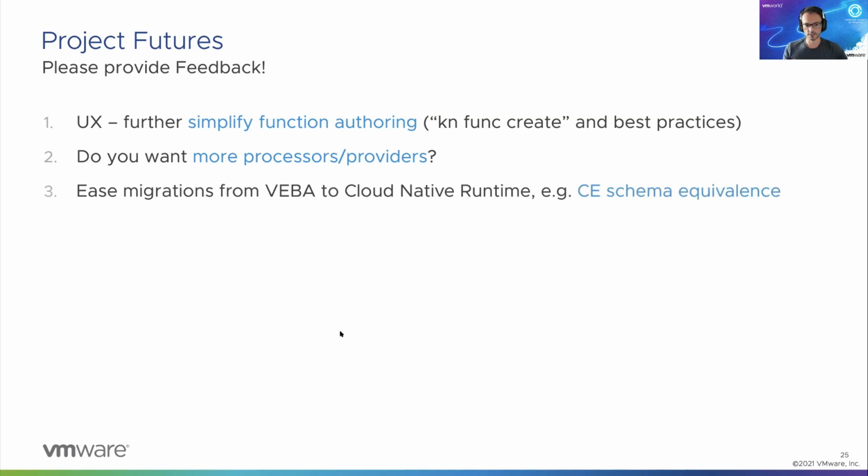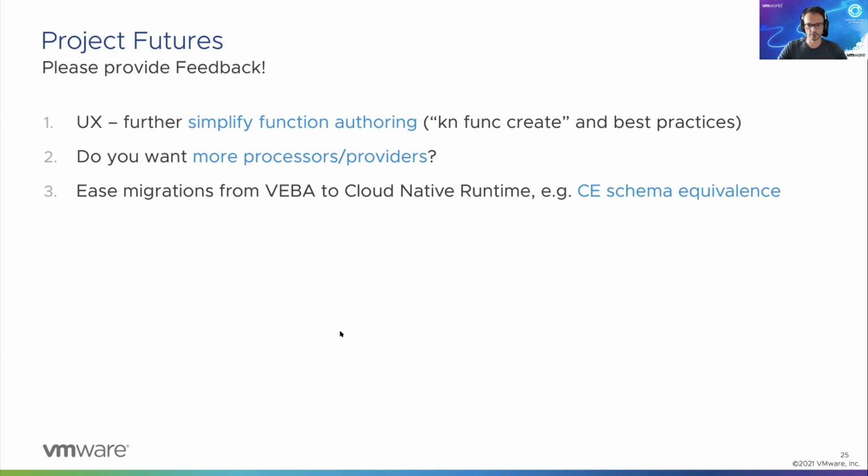William already touched on this, that VEBA's commercialization story is Cloud Native Runtime, the product from VMware. But there's still a little bit of work to do here to make the experience for you almost transparent and equivalent. So for example, we want to make sure that if you write a function for VEBA and you deploy it to the Cloud Native Runtime in production, there shouldn't be any differences there.